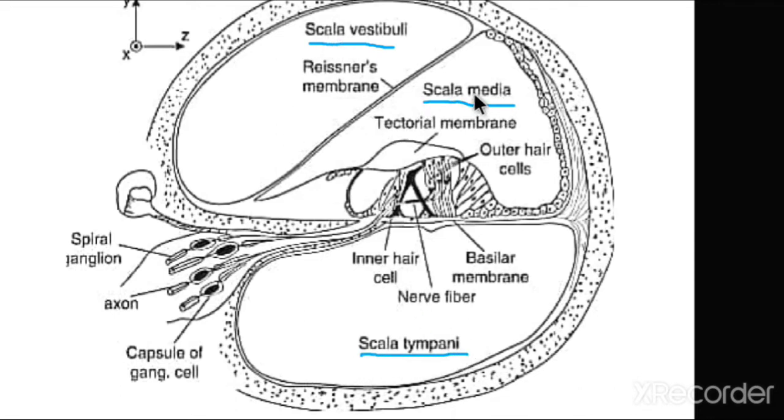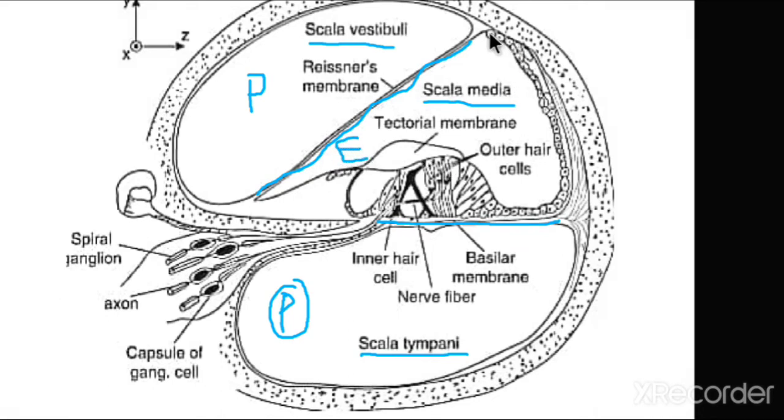Scala vestibuli and scala media are separated by Reissner's membrane, and scala media and scala tympani are separated by the basilar membrane. Scala vestibuli and scala tympani are filled with perilymph, but scala media is filled with endolymph.